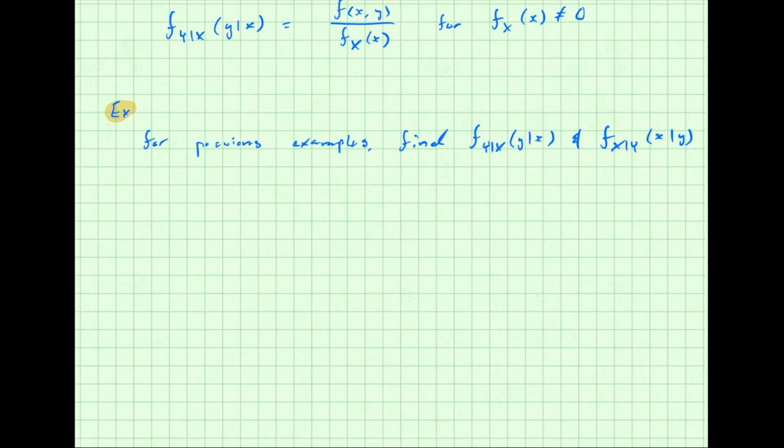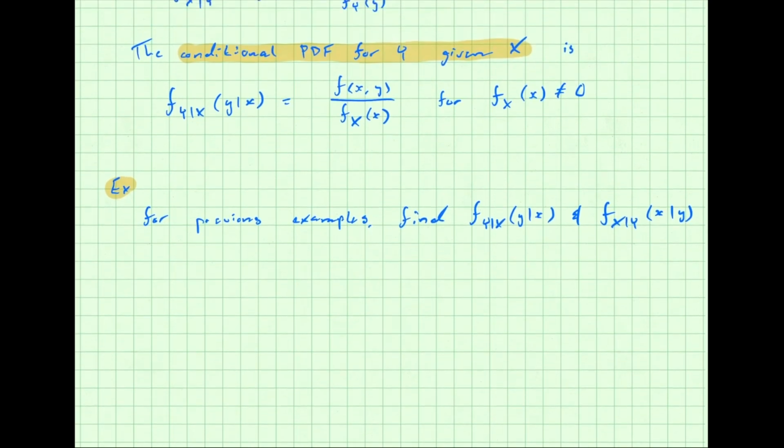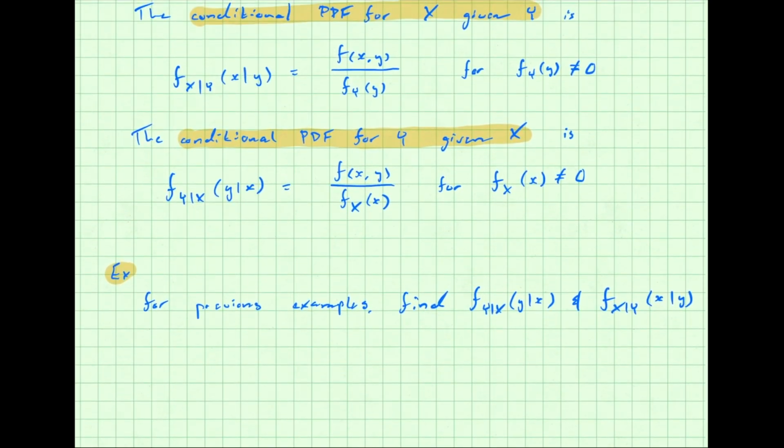So I'm going to do these in the opposite order that I just wrote them down. So I'm going to look at the conditional distribution for x given y. I got to only look in places where the marginal distribution for y is not 0, right?